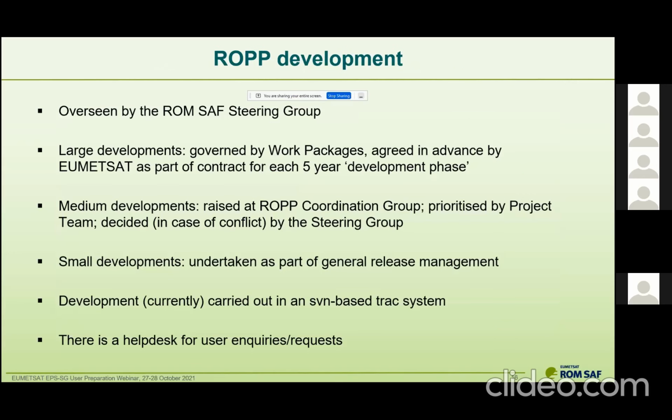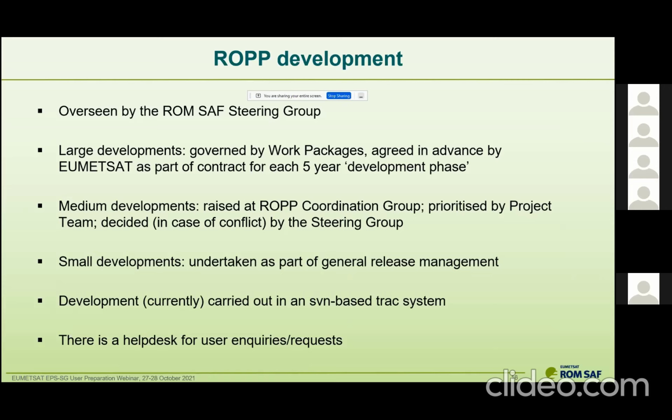So, ROPP development, that's a quick overview of the sort of things that ROPP can do. The development is overseen by the steering group. Large developments are covered by work packages, which are agreed by EUMETSAT at the beginning of each 5-year development phase of the ROMSAF.